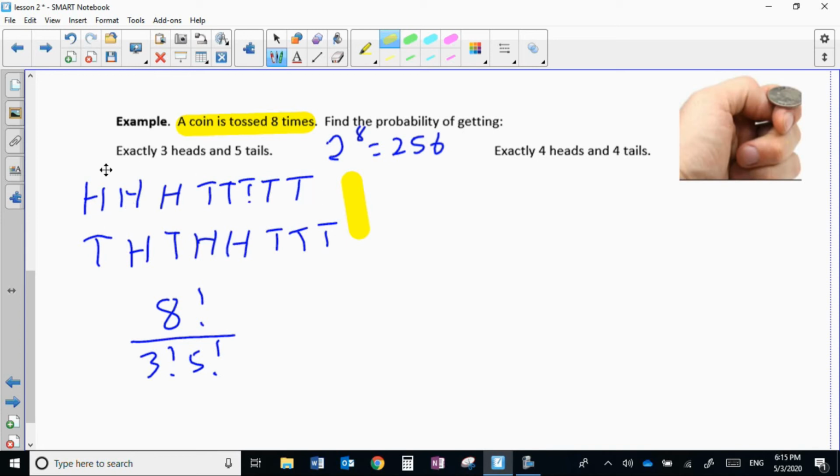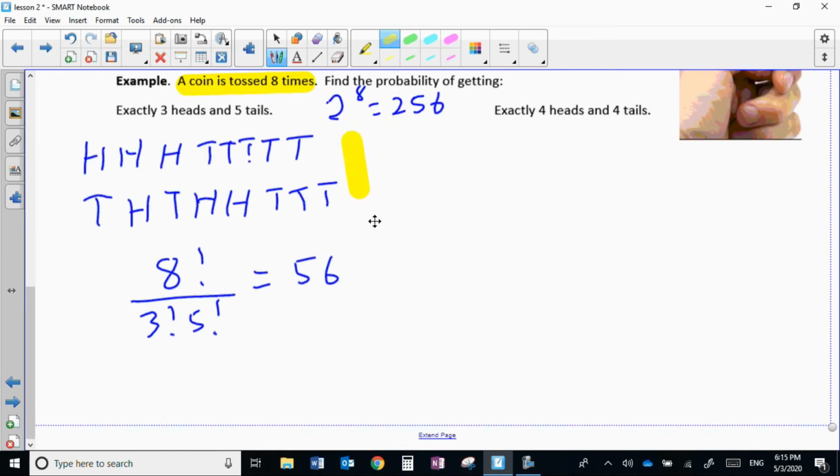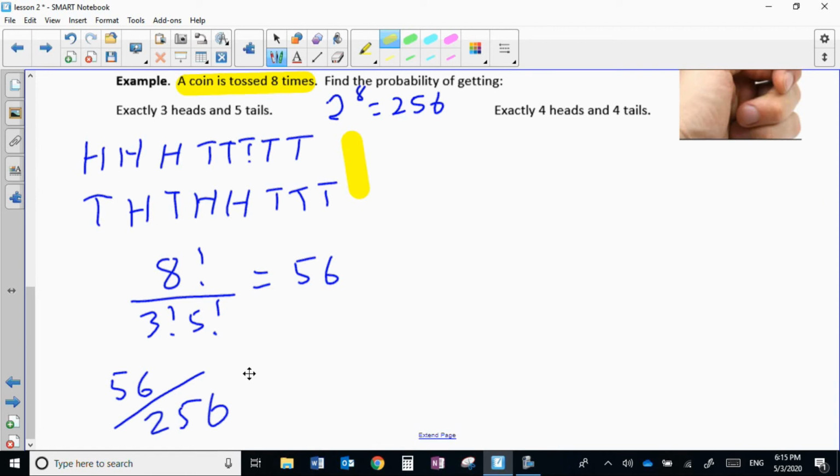How many ways can I arrange this word, which has 8 letters, however 3 of them are H's and 5 of them are T's? That answer is 56. And then our probability will now be 56 divided by the total number of 256. And if you figure that out as a percent, I believe you get about 21.9%.